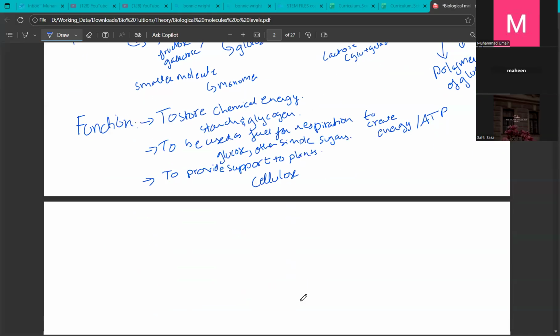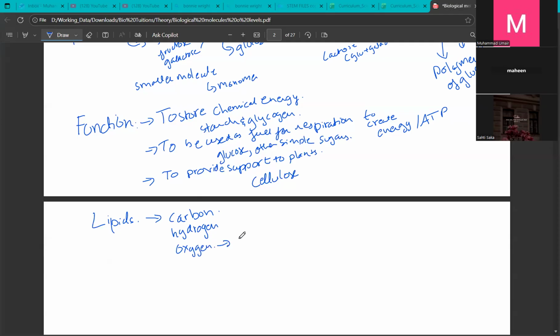Now we can move forward to lipids. So lipids, like carbohydrates, are also made from carbon, hydrogen, and oxygen.